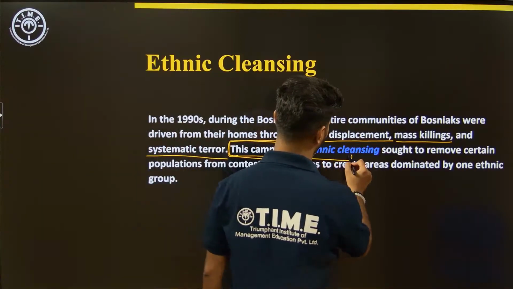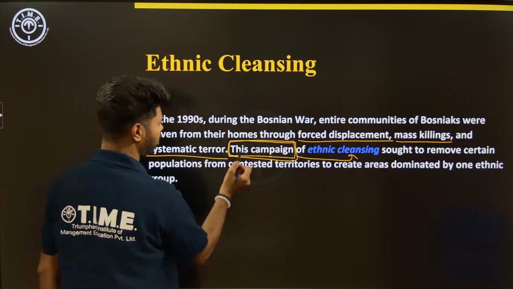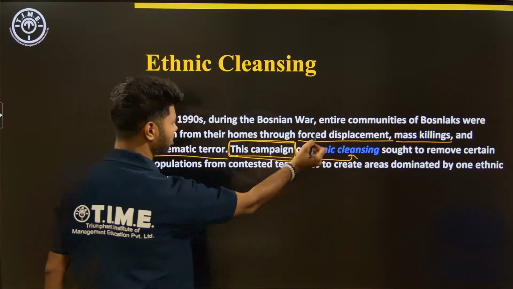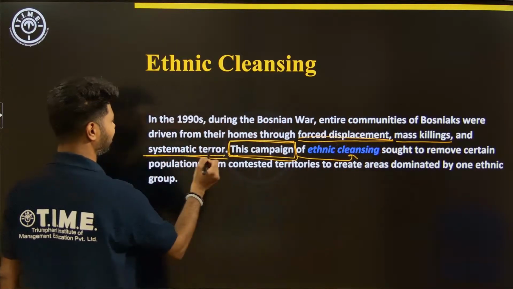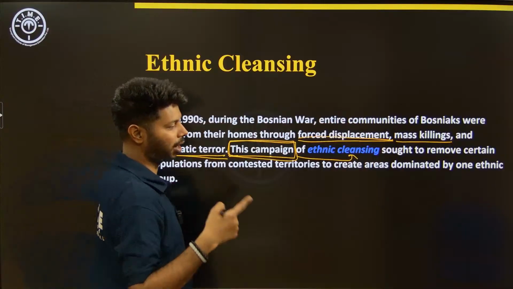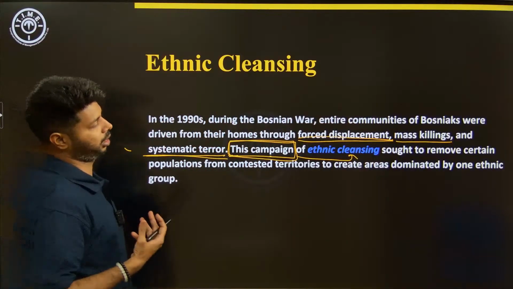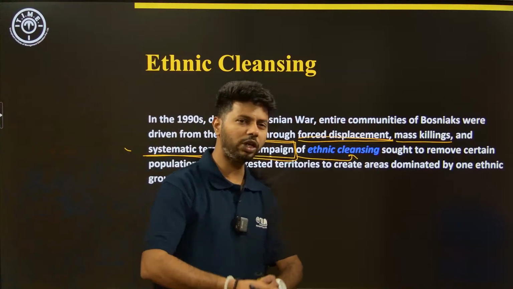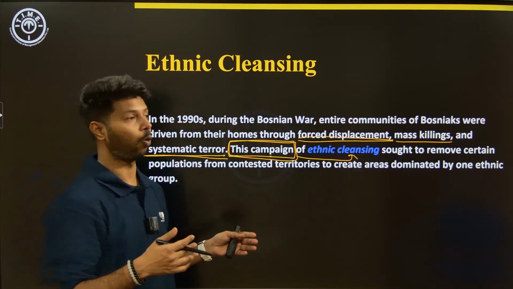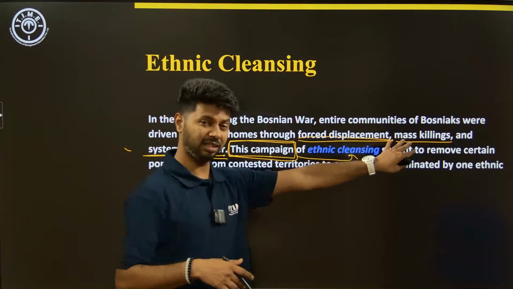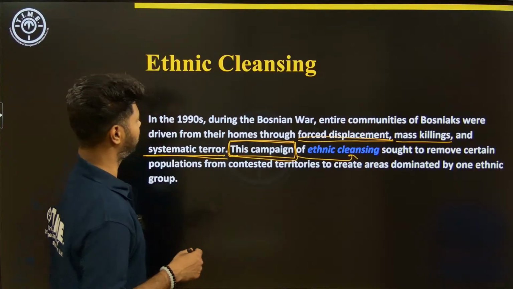Therefore, the meaning of ethnic cleansing, which you can see from here, is this campaign. What is this campaign? This forced displacement, mass killing, and systematic terror driving the Bosniaks away. That is what the campaign is, and therefore my understanding of ethnic cleansing is moving an ethnic group away from their home through killings, displacement, and using all kinds of terror activities to do that.